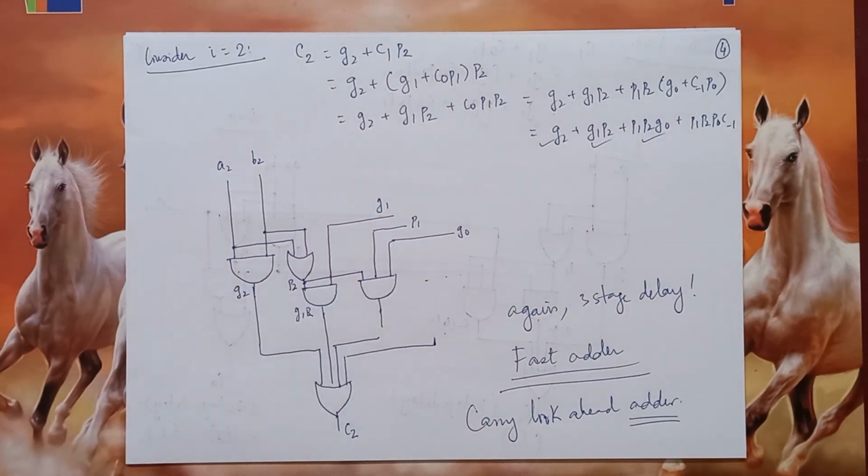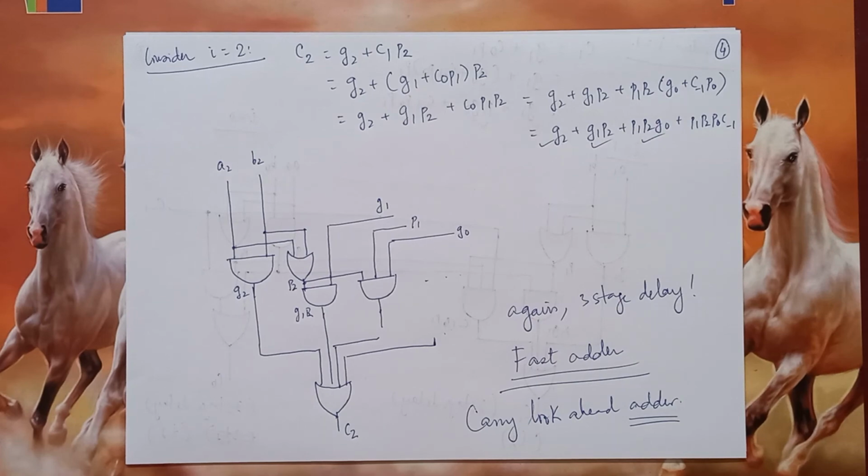But over here, in case of this fast carry look ahead adder, we are trying to generate the carry using the present bit inputs Ai and Bi and the first stage carry, not the previous stage carry. So the number of gates increases.